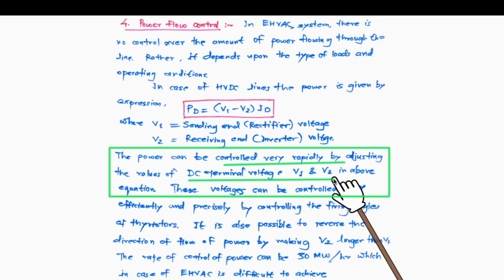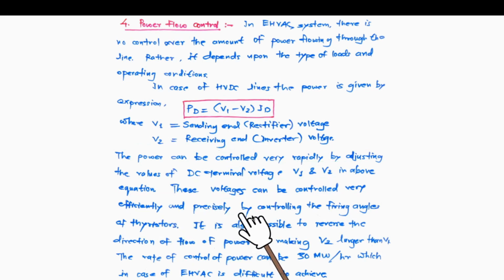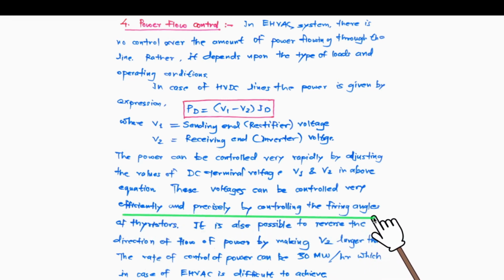How to adjust the output voltage of a rectifier and inverter? The voltage can be simply adjusted by adjusting the firing angle, right? So that is what is mentioned here, that these voltages can be controlled efficiently and precisely by controlling the firing angles. And more importantly, not only can you control the firing angle and adjust the voltage, but you can also make it possible to reverse the direction of power flow.